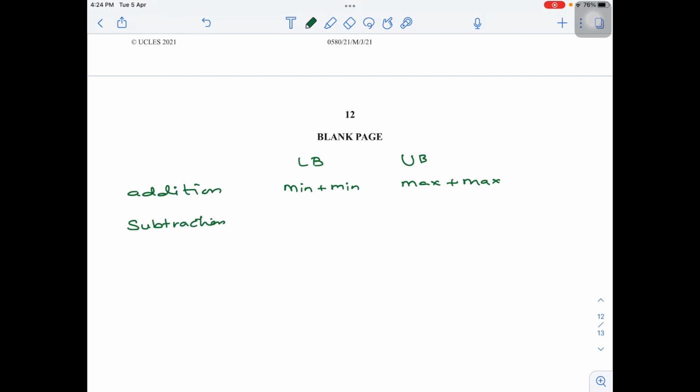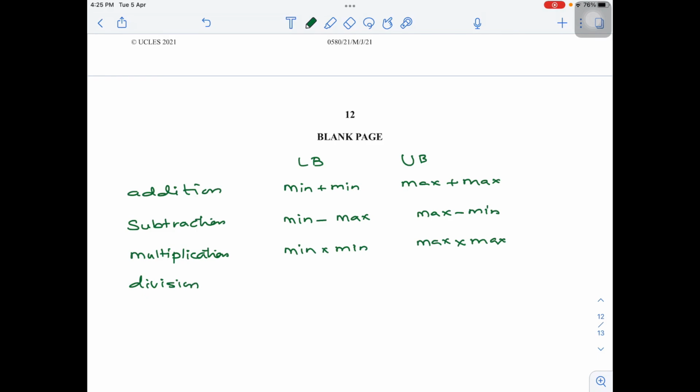For subtraction, the lower bound is minimum minus maximum, and the upper bound is maximum minus minimum. For multiplication, the lower bound is minimum times minimum, and the upper bound is maximum times maximum. Division is similar to subtraction. The lower bound is minimum divided by maximum, and the upper bound is maximum divided by minimum.